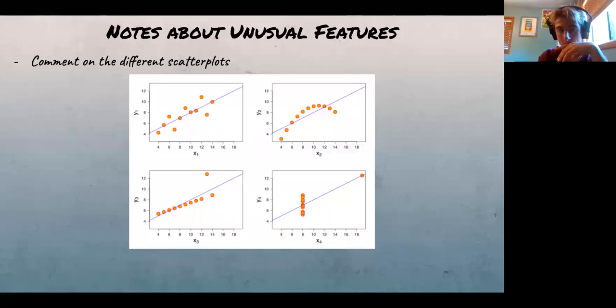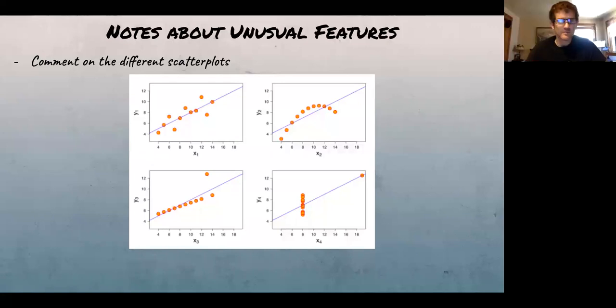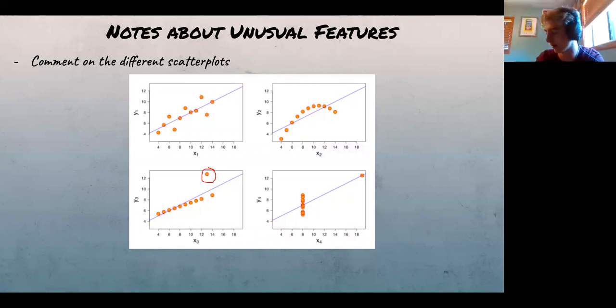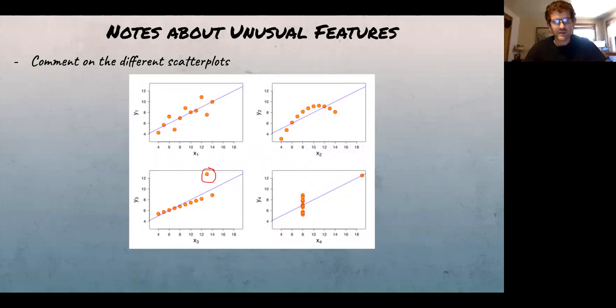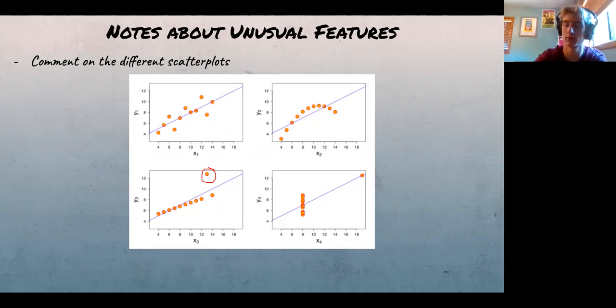As an influential point, definitely. What else? How else would you describe that using other terms? It's an outlier. Okay. Does it have leverage? No leverage. No leverage. There we go.